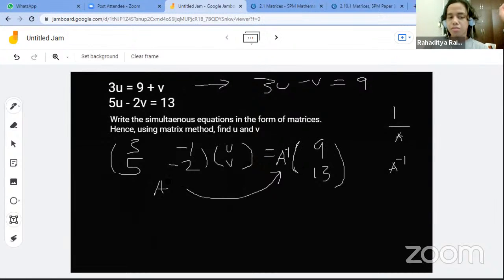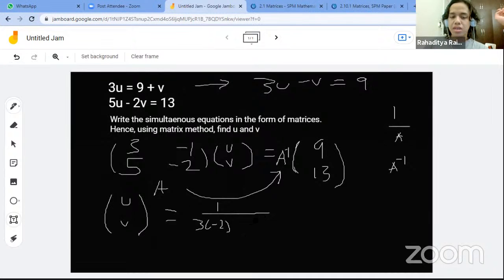Okay, so now that you do this, you have to find the inverse matrix of A. So now we have uv is equal to your inverse matrix, which will be 1 over 3 negative 2. Okay, wait, is everyone following so far?